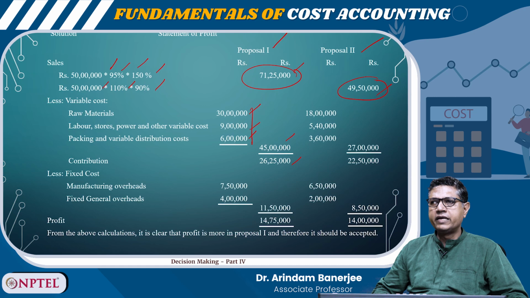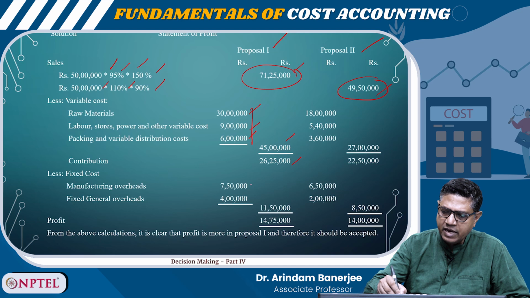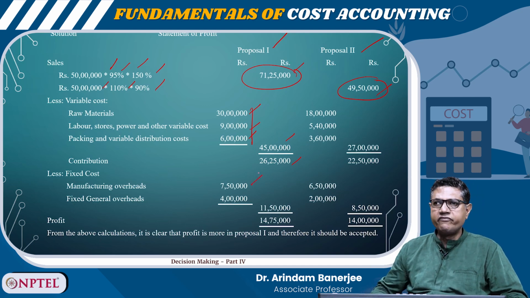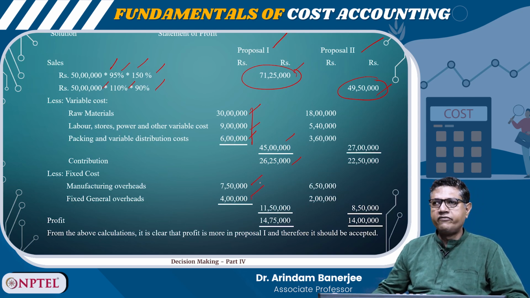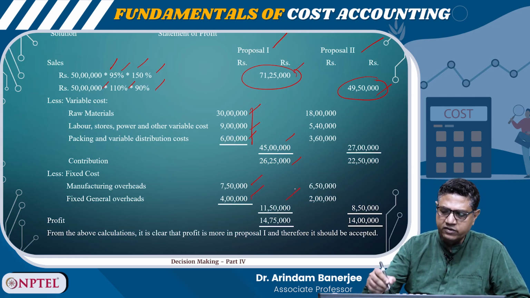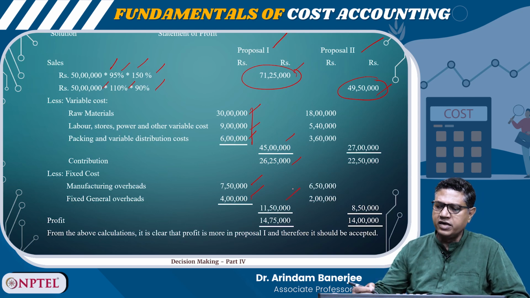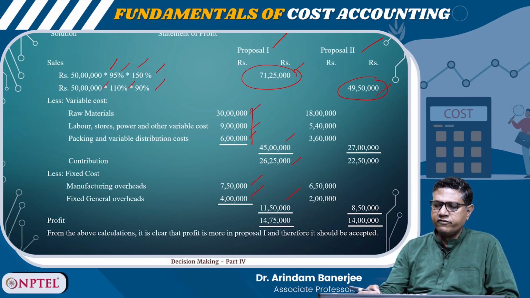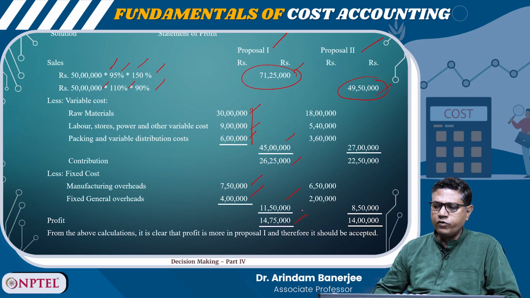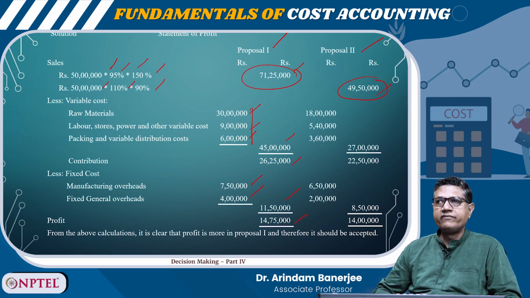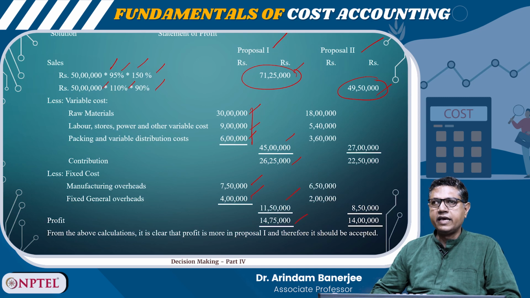So, manufacturing overhead, I am getting 7 lakh 50,000 and fixed general overheads, it is 4 lakh. So, my total fixed cost is 11 lakh 50,000. If I deduct 11 lakh 50,000 from 26 lakh 25,000, I am getting the profit, that is 14 lakh 75,000. This is in case of proposal 1.